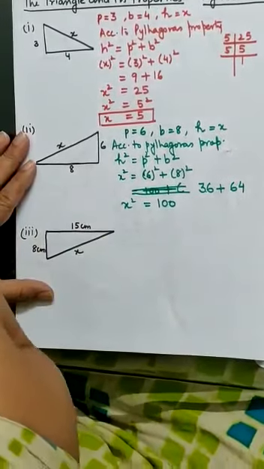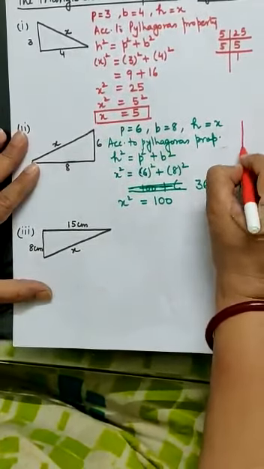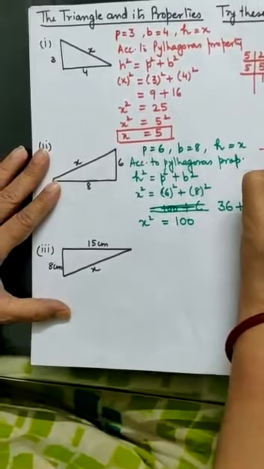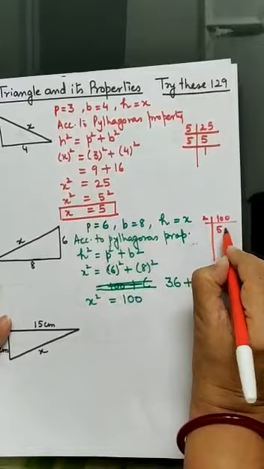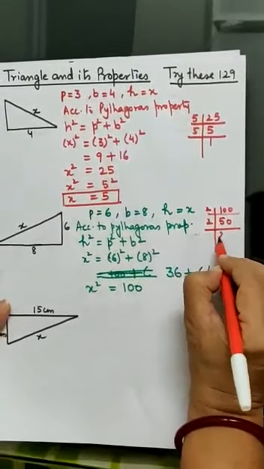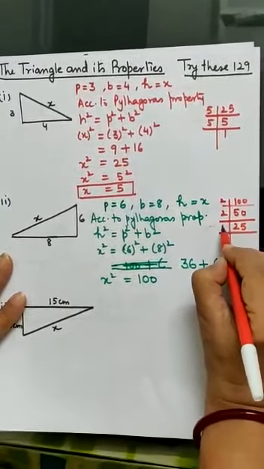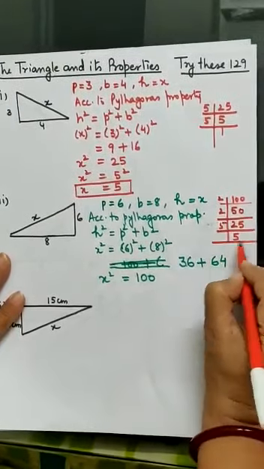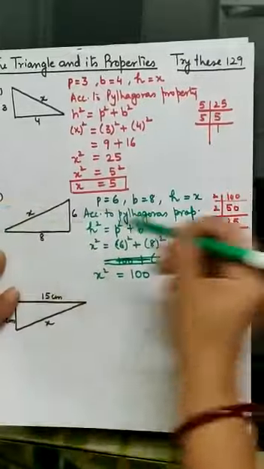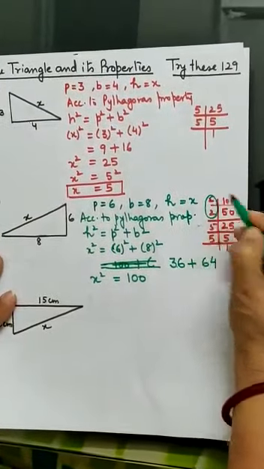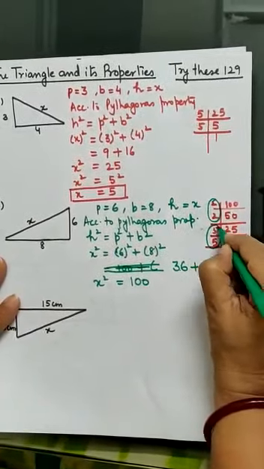Now let us take here the prime factorization of 100. Now 2 50s are 100, again 2 25s are 50, then 5 5s are 25, and 5 1s are 5. So what do we get here? 2 into 2, which is 2 square, 5 into 5, which is 5 square.